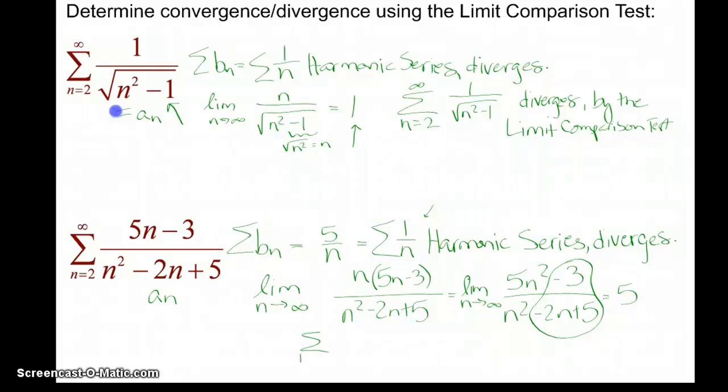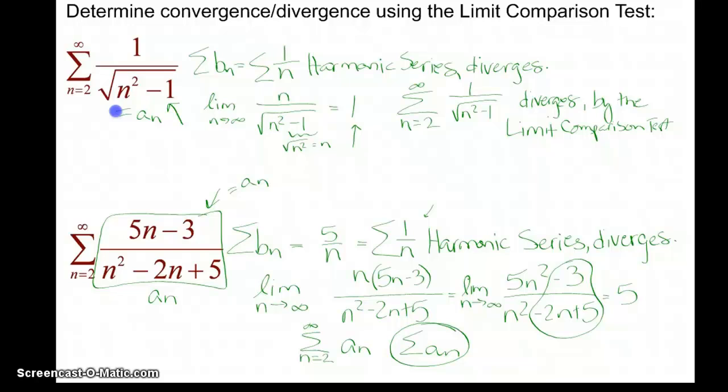So the original series, and don't come over here and say A sub n, because if you don't have it clearly written somewhere on your paper that that is equal to A sub n, to come down here and say, well, okay, well then A sub n diverges as well, this has no meaning unless you have stated clearly somewhere else in your work that that is A sub n.